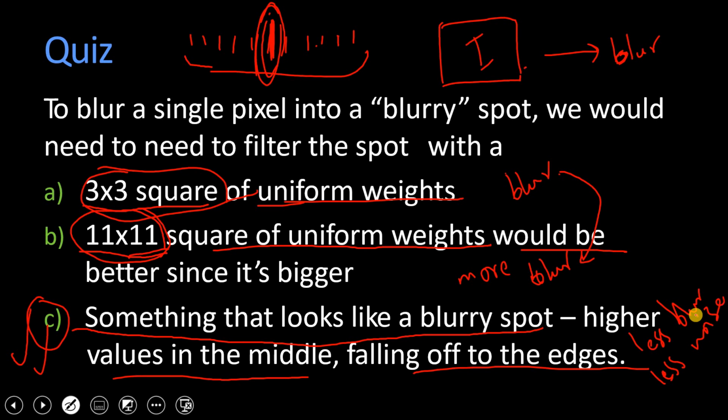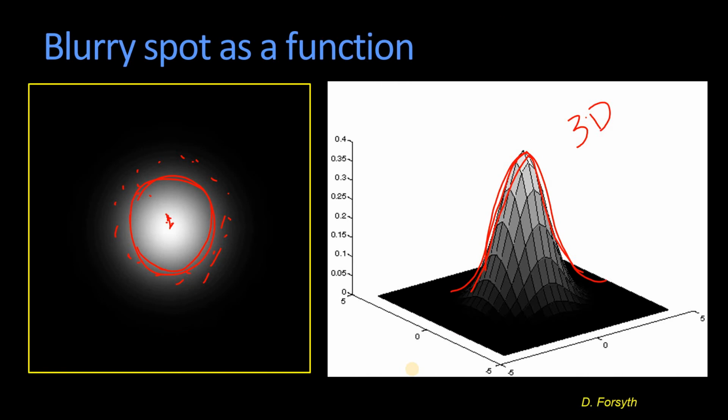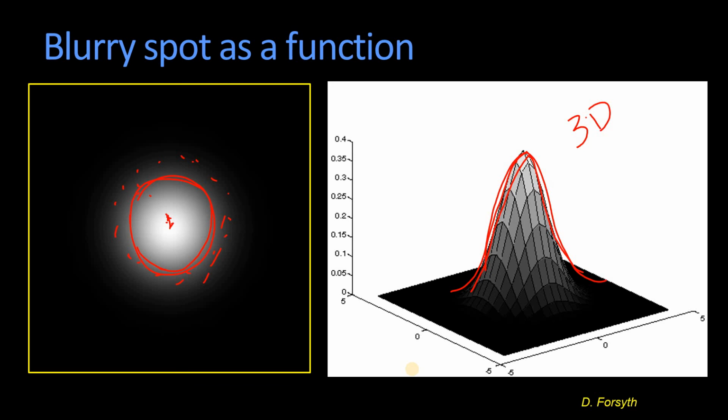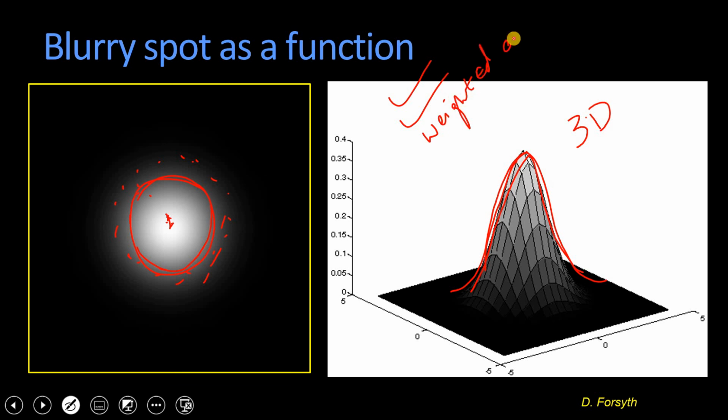So this is what we wanted to discuss over here. The correct answer is the last one. Remember, this kernel that you see over here is much preferred, and this kernel is basically called a weighted average, or we also call it a Gaussian kernel.